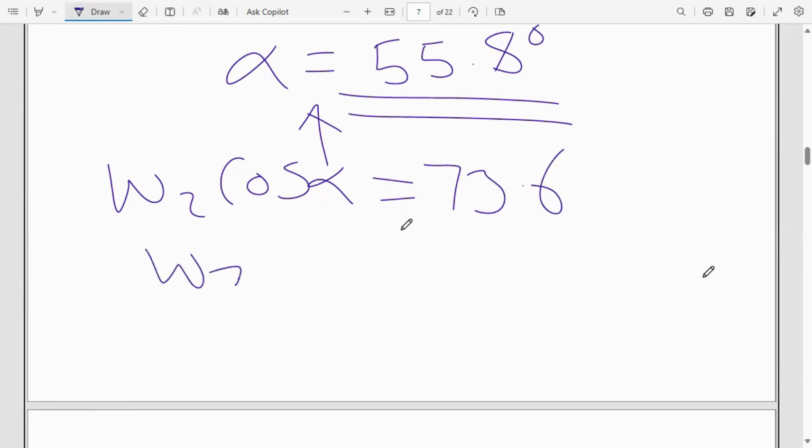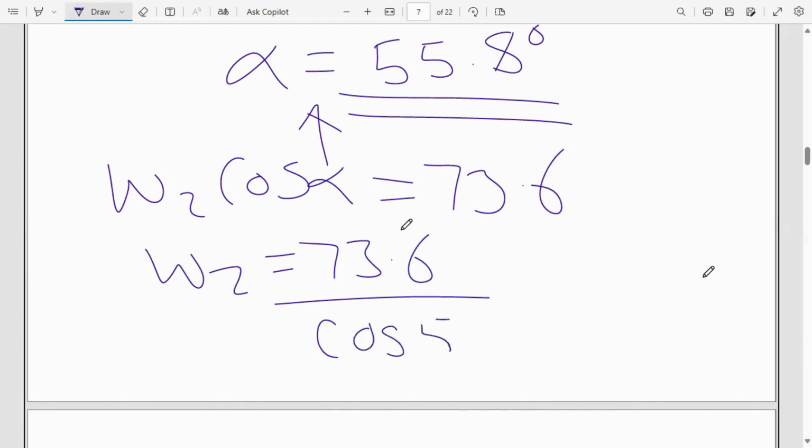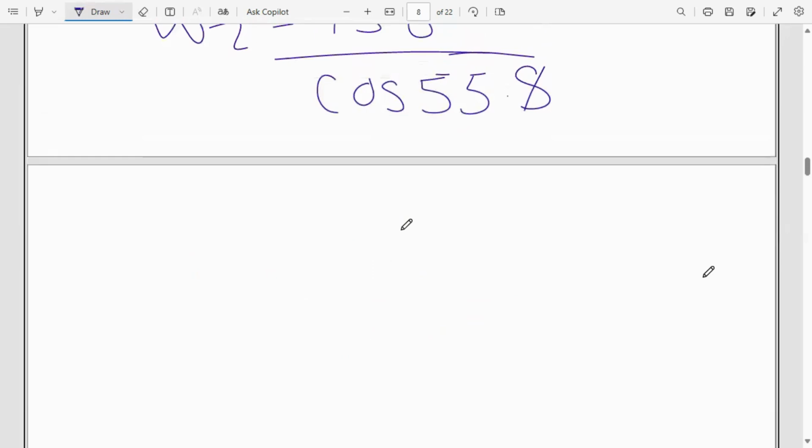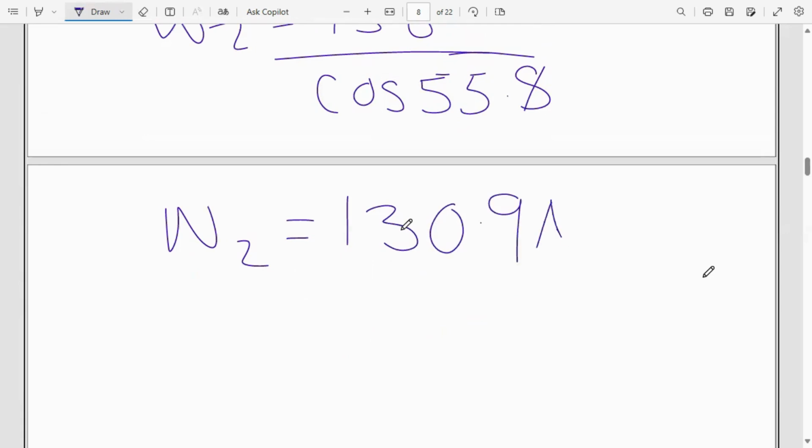So W2 will be equal to 73.6 over cos 55.8. And from here, we're going to find the value of W2 to be equal to 130.9 newtons.